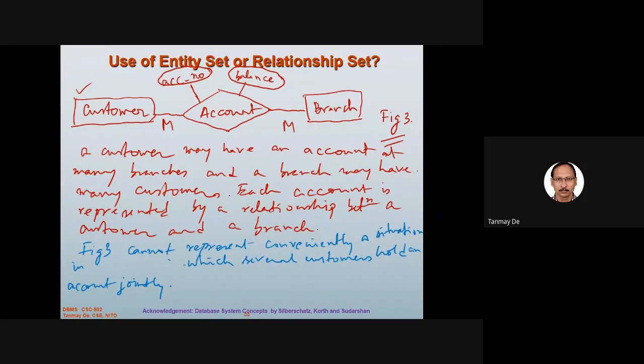So if we assume there is no joint account, then figure 3 is okay. If the banking system allows a particular account to be held by multiple customers, then figure 3 does not reflect it correctly.